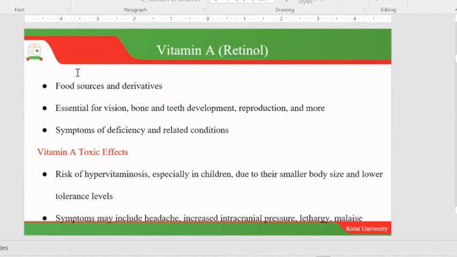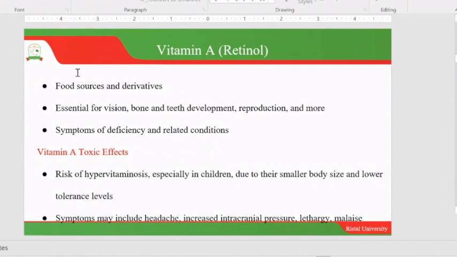Right. So vitamin A, or retinol, has symptoms of deficiency related to this condition. Like I said, it is not only the vision, but we also have the immune function, skin health, and also there has been known research about the importance of vitamin A in growth, and this study was done on mice, if I remember correctly.